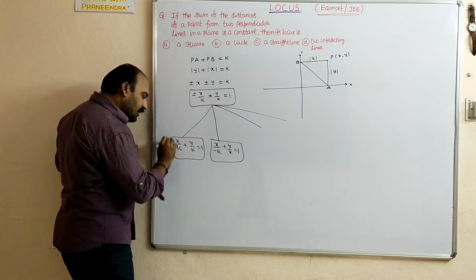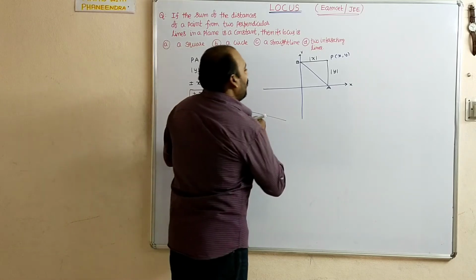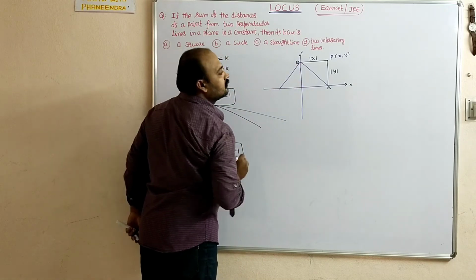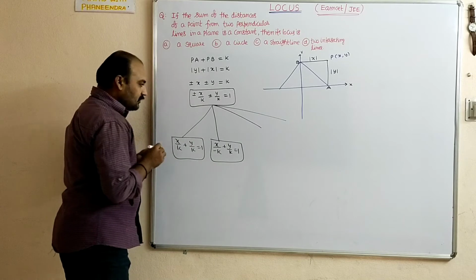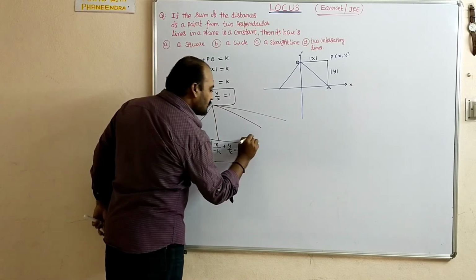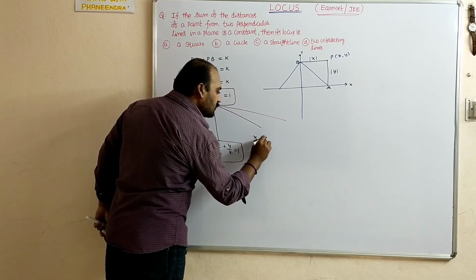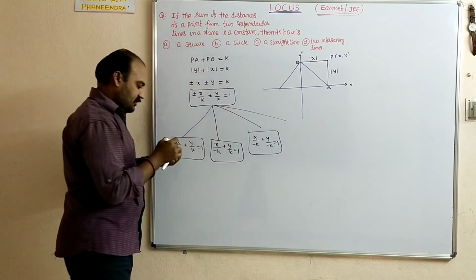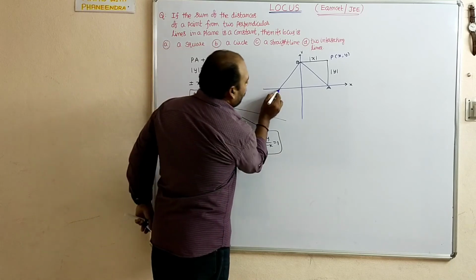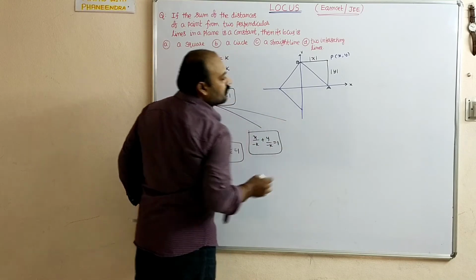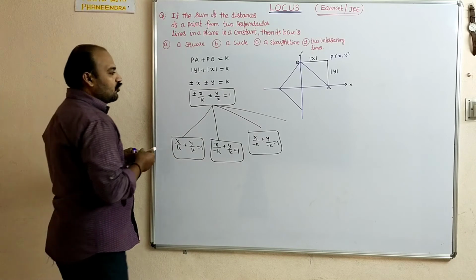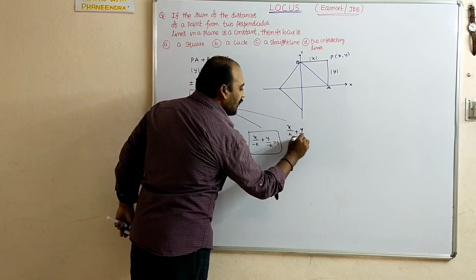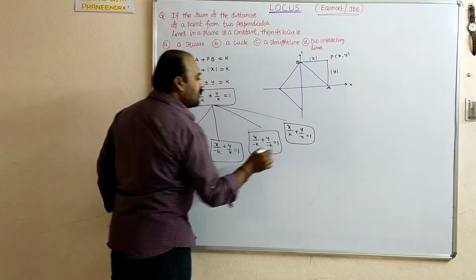This is the first quadrant, so this line will be this one. Next, the third line, x by minus k plus y by minus k equal to 1. This belongs to the third quadrant. That line will become this. Next, the fourth one, x by k plus y by minus k equal to 1. This is the fourth quadrant line.